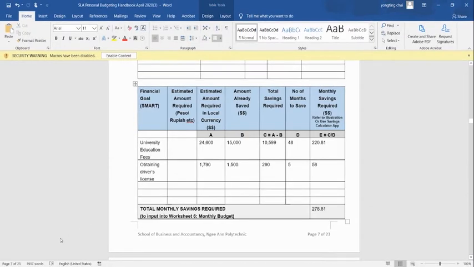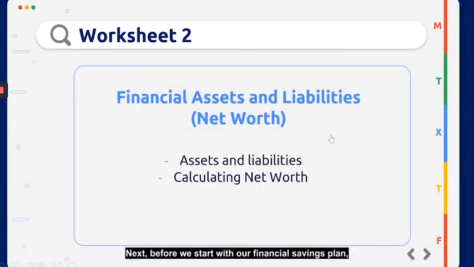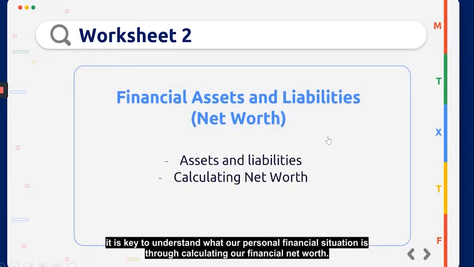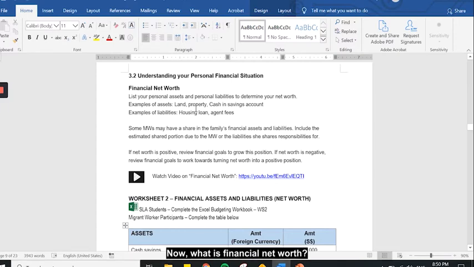Next, before we start with our financial savings plan, it is key to understand what our personal financial situation is through calculating our financial net worth. In Worksheet 2, we will teach you how to arrive with your financial net worth. Now, what is financial net worth?